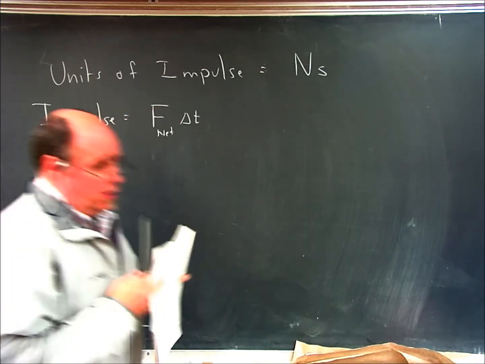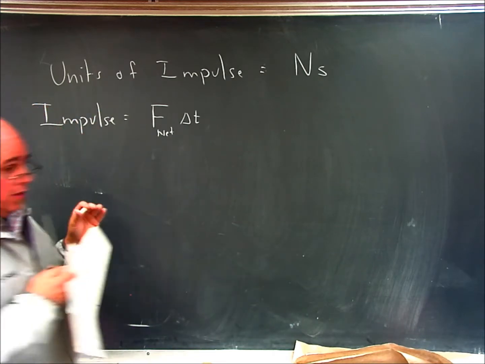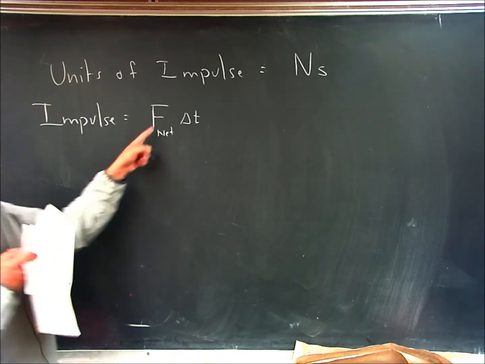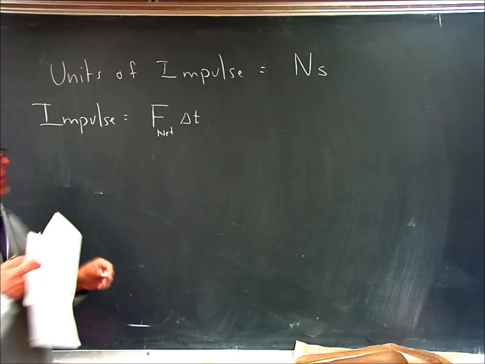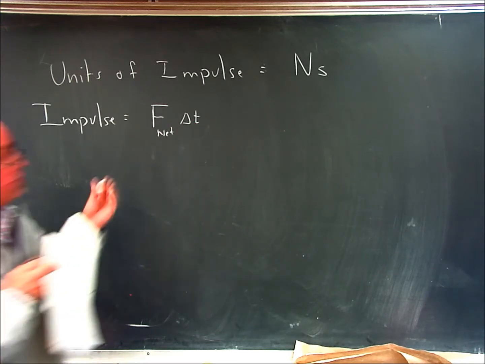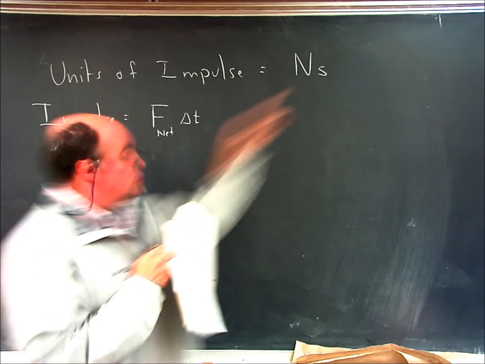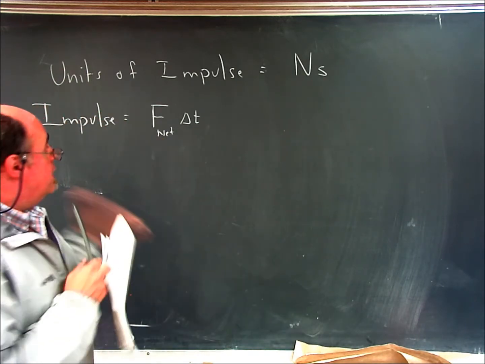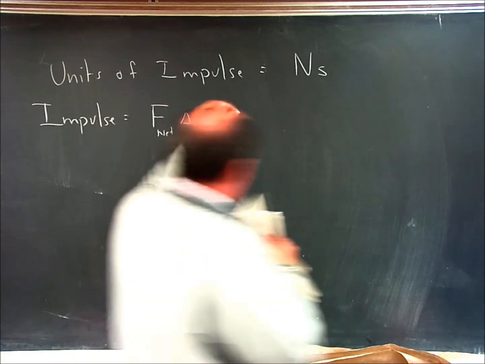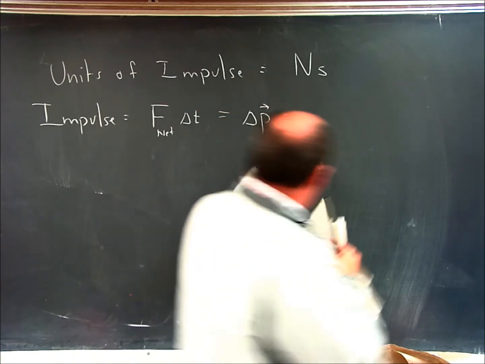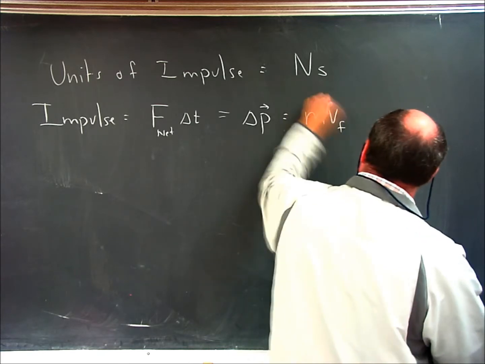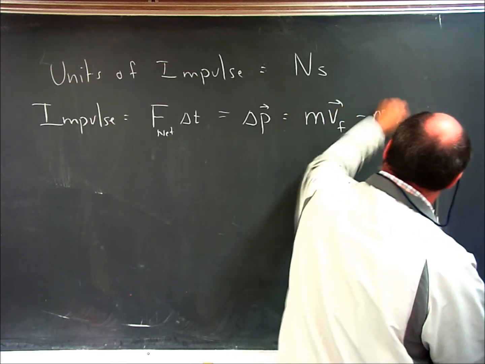So once again, the impulse is a formula: force net times delta t. I forgot to put the units, but the units for an impulse would be newtons times seconds. But it also equals, as I said a moment ago, delta p. So that means it also equals mv final minus mv initial.